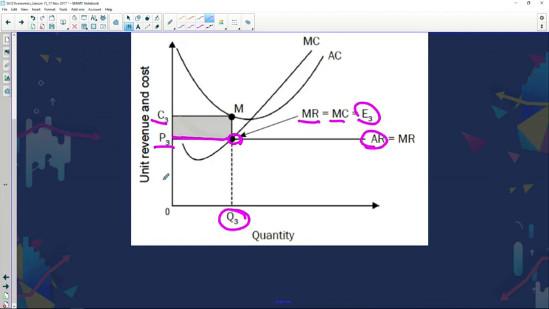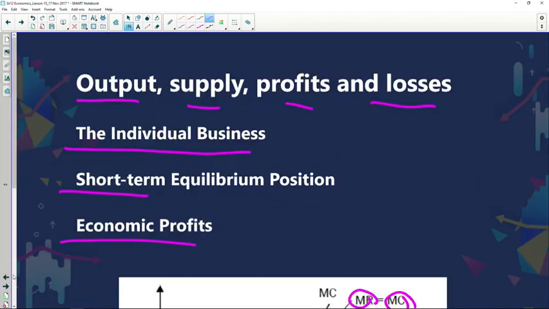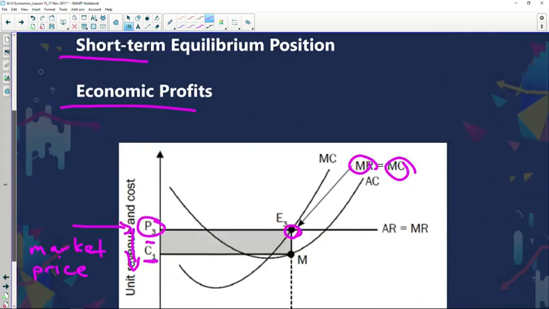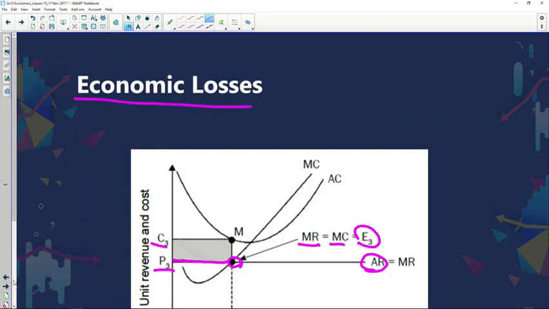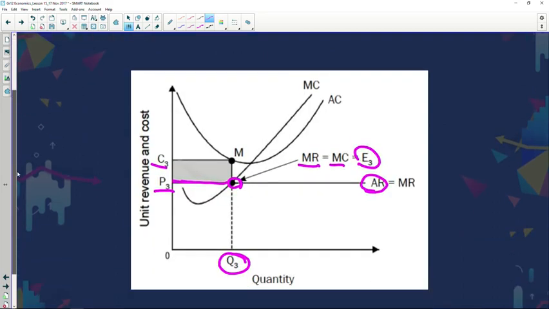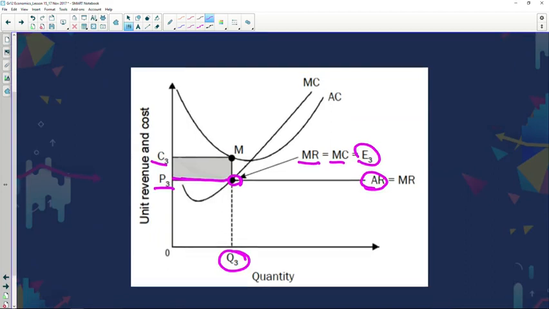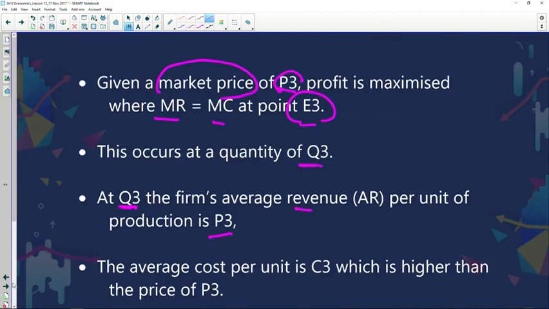So this says that we are making a loss, because in our previous graph, when we were looking at the economic profits, our average cost was below our market price, which is P3, hence we were making a profit. But now that we are incurring a loss, we can see that our costs are higher than the market price. So that would obviously result in a loss.